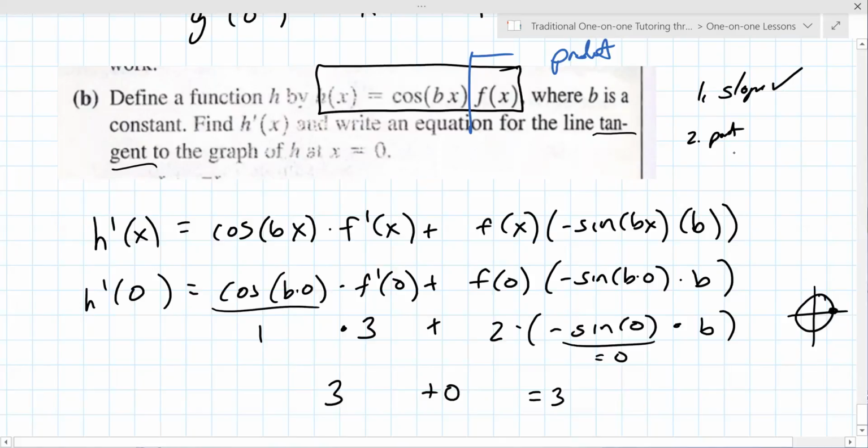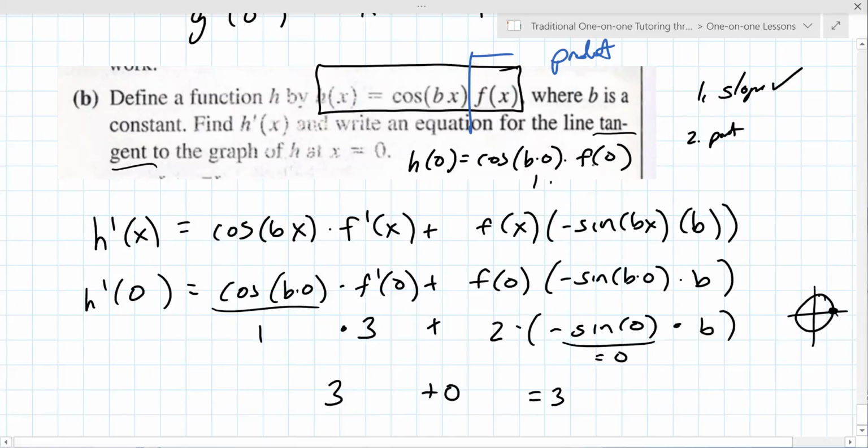Point you get from putting 0 back into the original, which we should have done first, but I'll do it up here. h of 0 equals cosine of b times 0 times f of 0. What's your b? It doesn't matter. What's cosine of 0? It's 1.